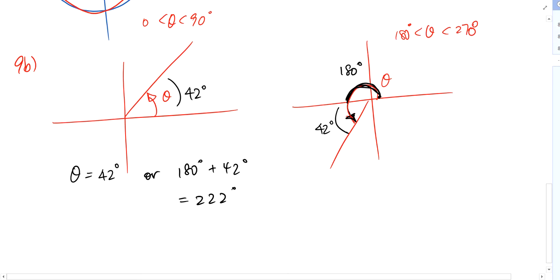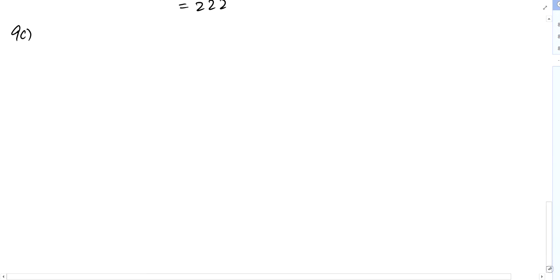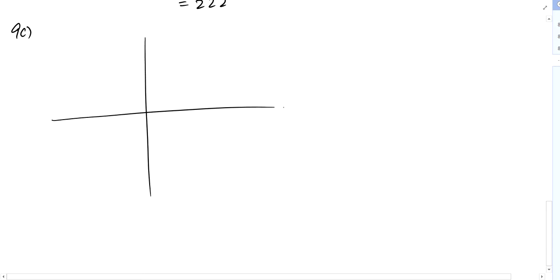Okay? So now for 9C. Theta is from 0 to 360 degrees, which is one full cycle. So all four quadrants are possible. First quadrant, our theta will be over here with the value of alpha 65 degrees.